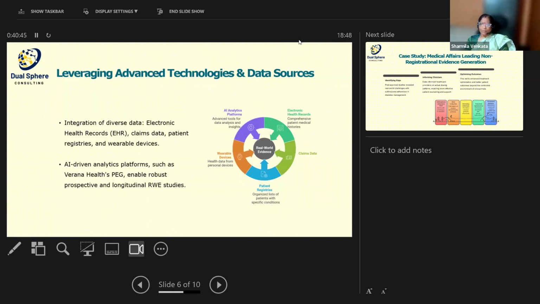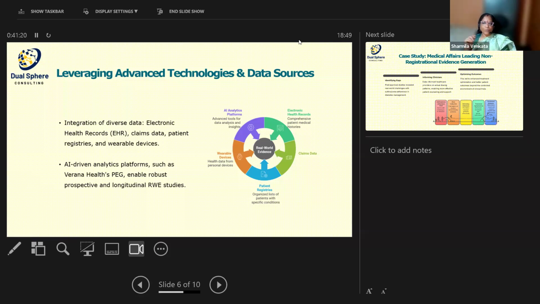So why does all this matter? By integrating all these sources and analyzing them in real time, we can detect safety issues earlier, understand real-world treatment effectiveness, identify patient subgroups who benefit most or least from the therapy, and support regulatory, payer, and clinical decision making with robust evidence that mirrors actual reality.